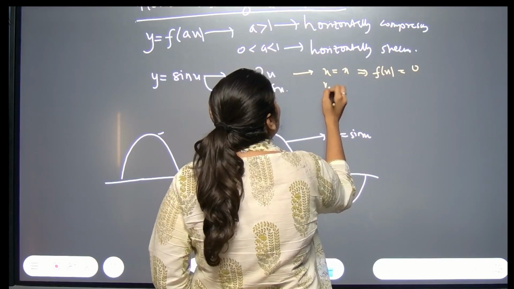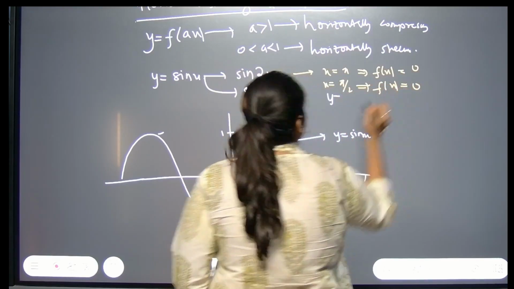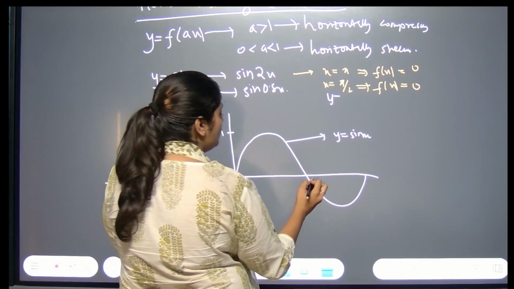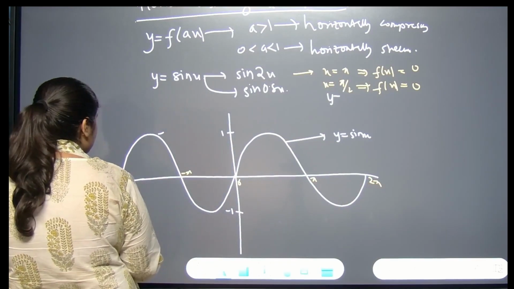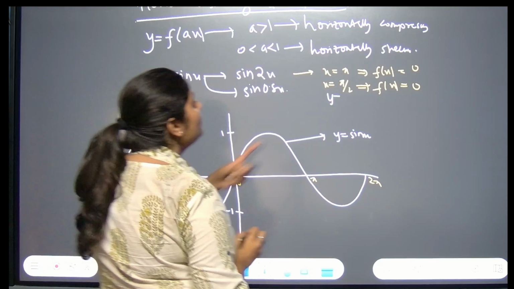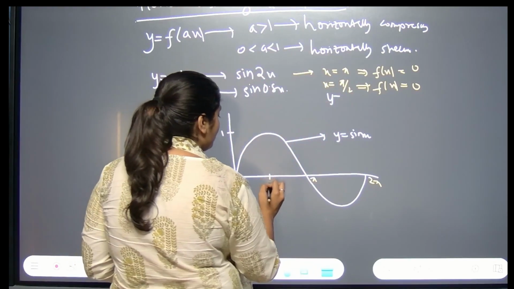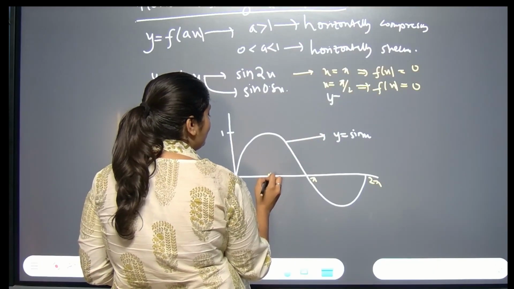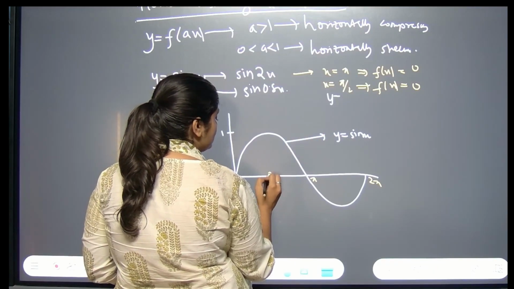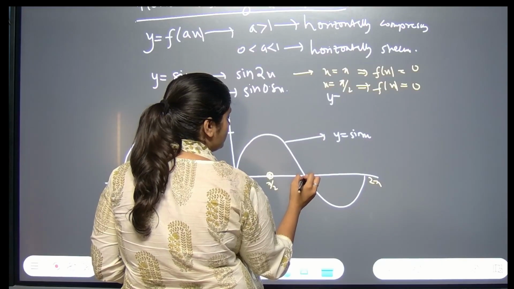If I take the x value pi by 2, f(x) would be 0. This is 0, this is pi, this is 2 pi, this is minus pi, this is minus 2 pi. So if we take x as pi by 2, the value of f(x) is 0. You can see this point we can plot.